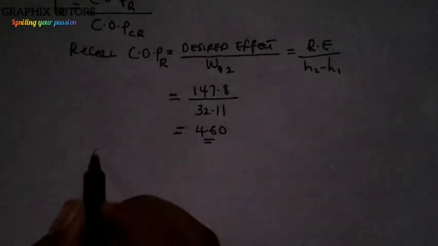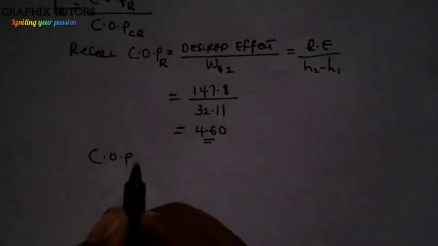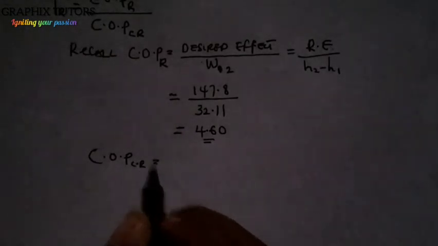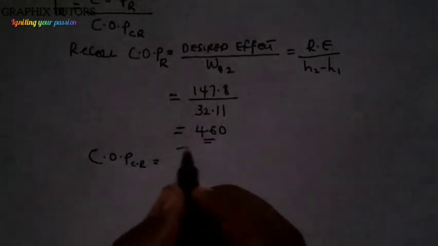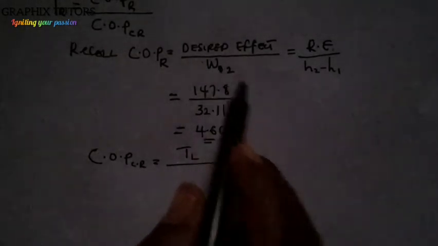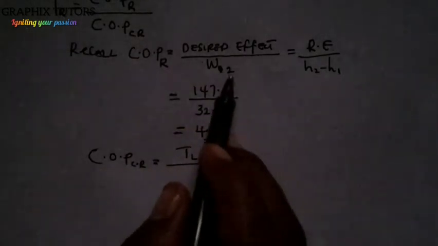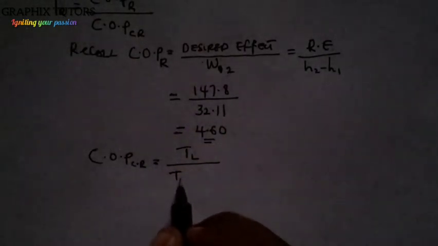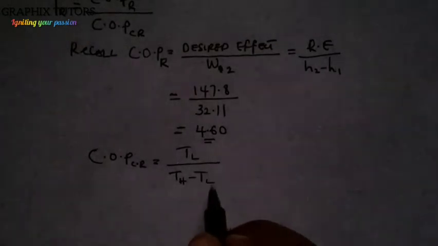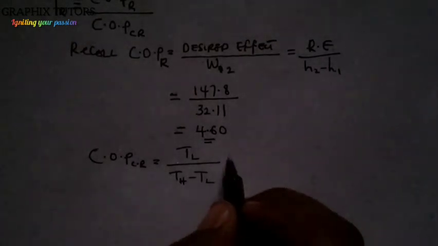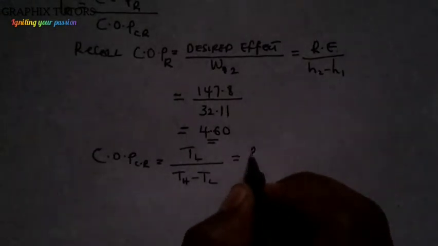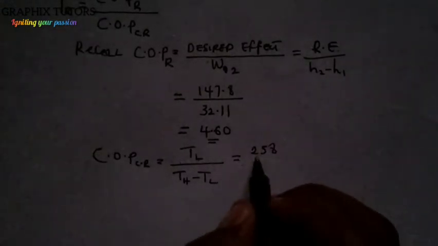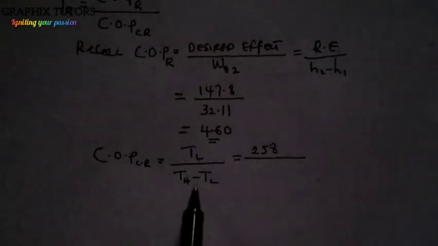So the COP of the Carnot refrigerator will give me the refrigerating effect, which is the low temperature, all over the work net, which will be the high temperature minus the low temperature. The low temperature is minus 15, so we convert to Kelvin: 258. All over TH minus TL.